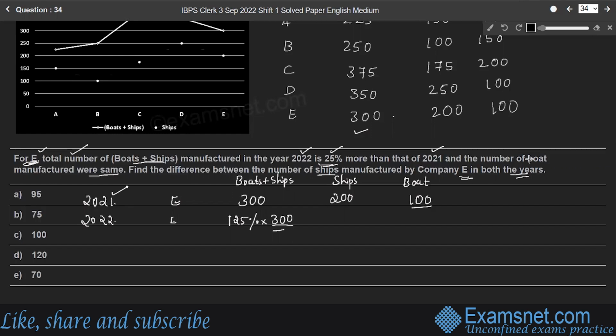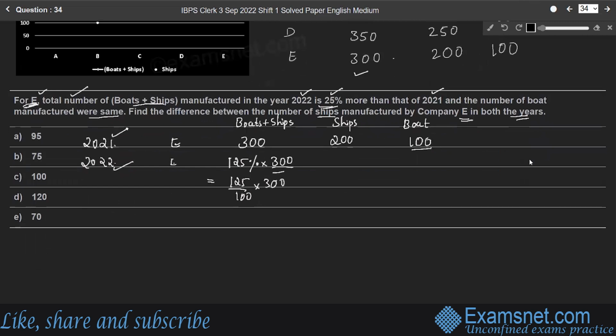Here in 2022, boats plus ships becomes 125% of 300. That is 125 by 100 into 300, which is 125 into 3, which is equal to 375. Therefore, in 2022, number of boats plus ships becomes 375, right?